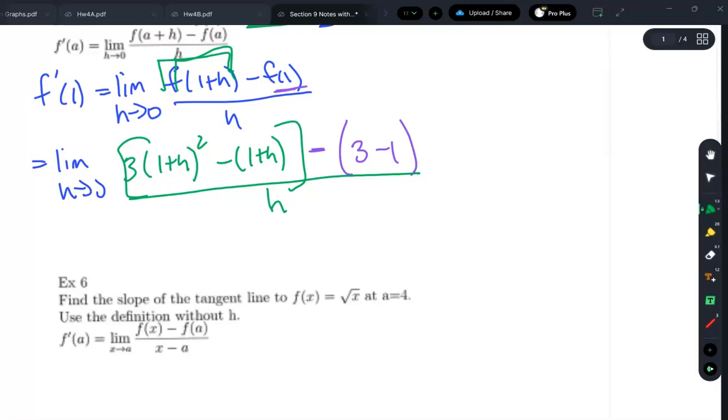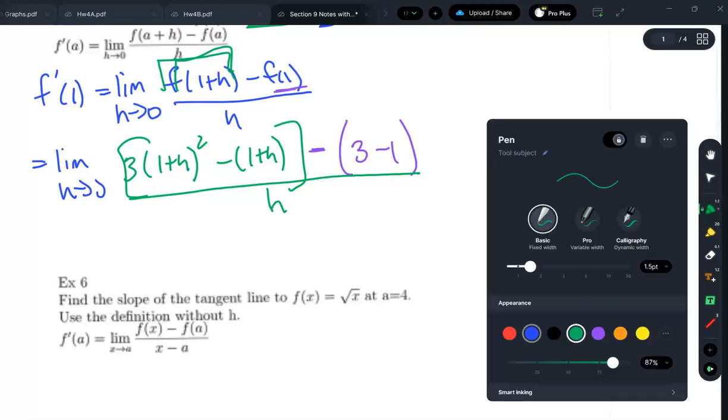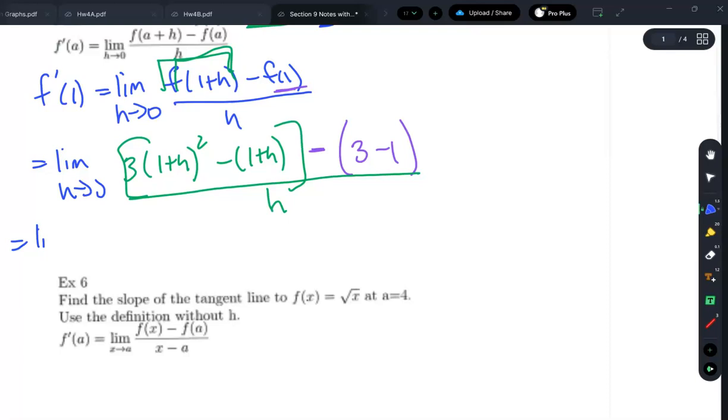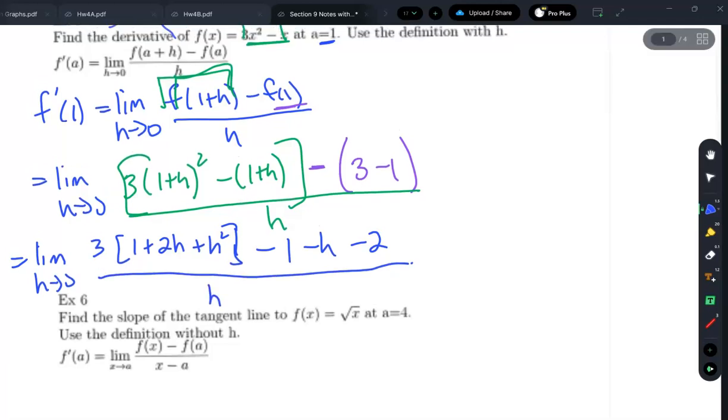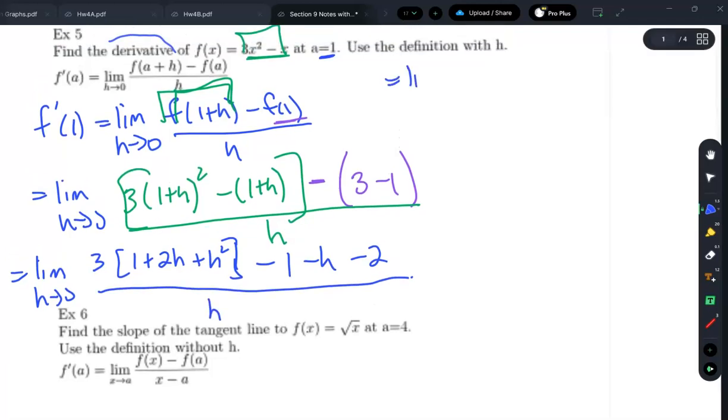So now I'm going to multiply things out. All right, so I carry the limit along every single step, right? So I'll carry that 3. I'll have 1 plus 2h plus h squared, and then a minus 1 minus h, and this will give me minus 2, all over h. Bring it up here. Again, carrying the limit along every single time.